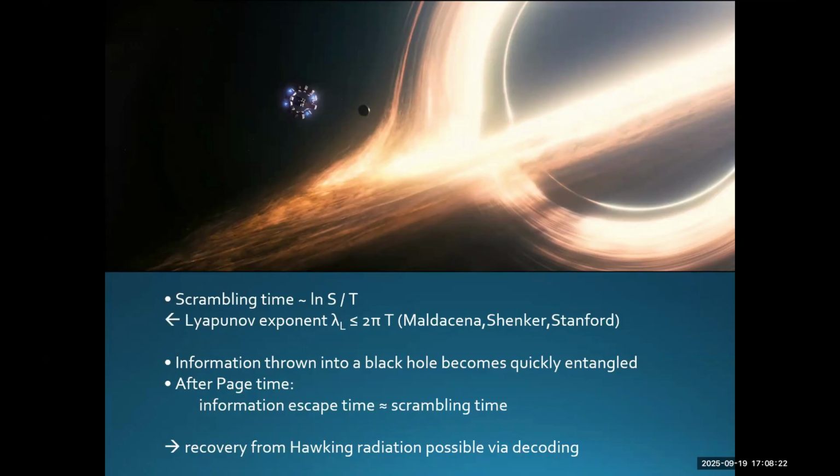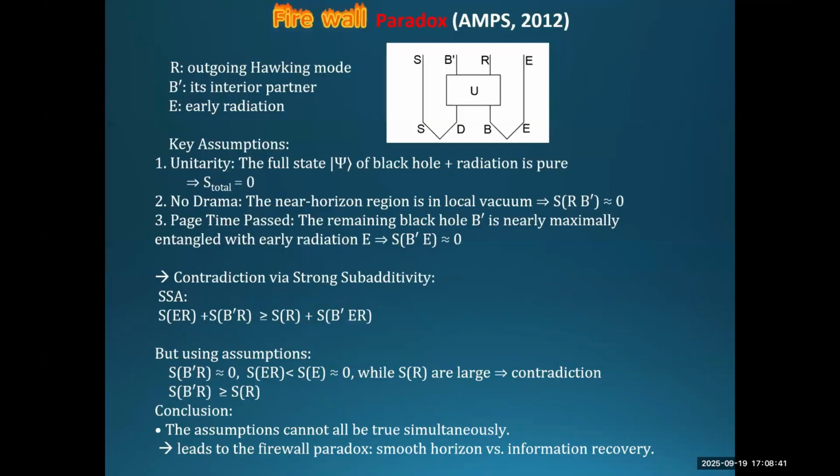So after the Page time, the scrambling time is short. Escape time is about the scrambling time. So recovery from Hawking radiation is possible via decoding, something like quantum error correction. Then the firewall paradox.